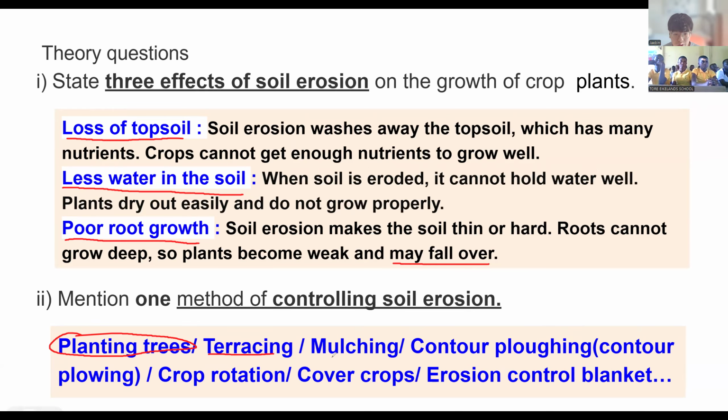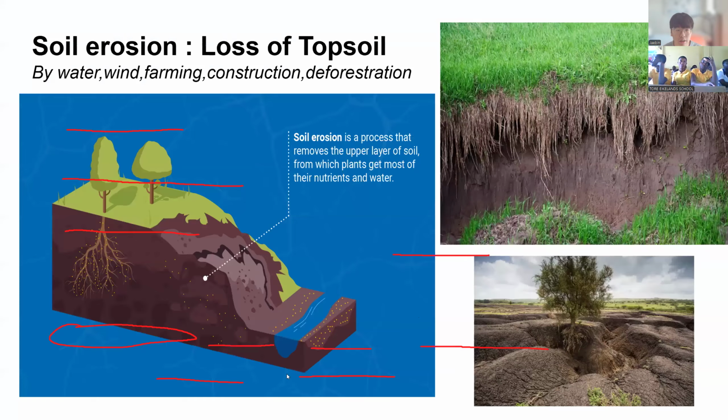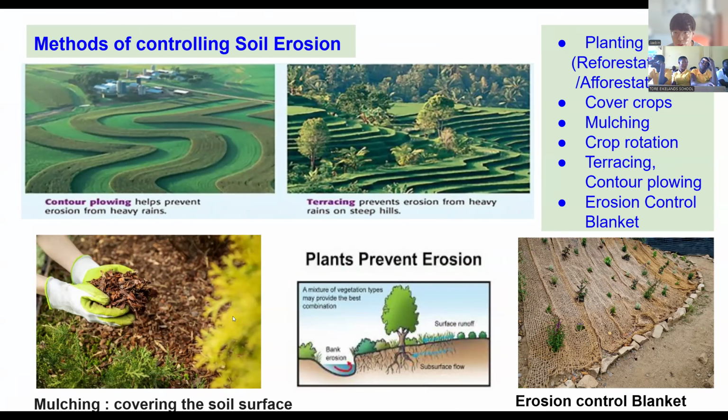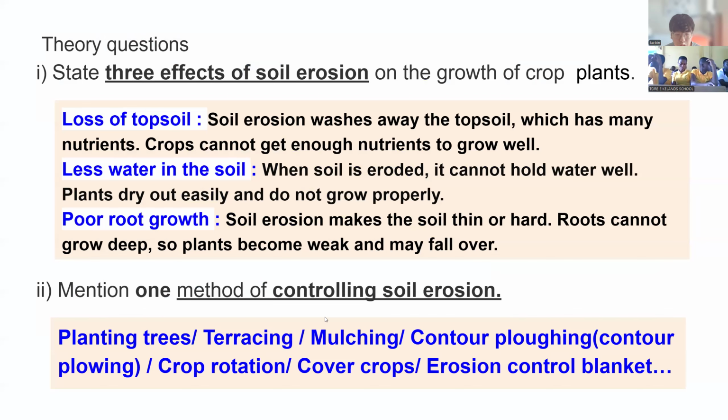So terracing, mulching, contour plowing, crop rotation, cover crops, all of those things that we've talked about in the previous slide can help prevent soil erosion. So you can list any of these. And plantation or planting trees is definitely one method.